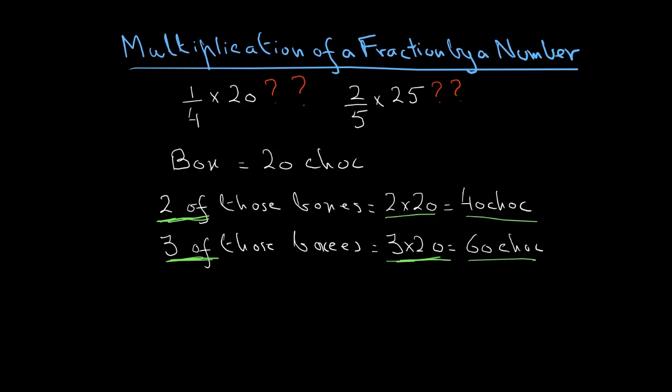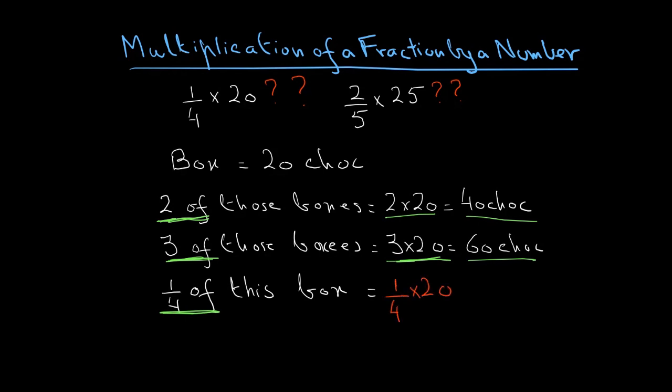Okay. So now if I say, I just want a quarter of this box. When I say a quarter of this box, from our previous experience, it should mean 1 over 4 times 20.